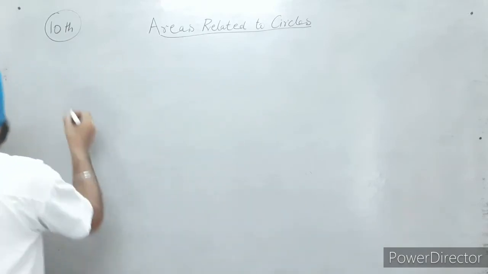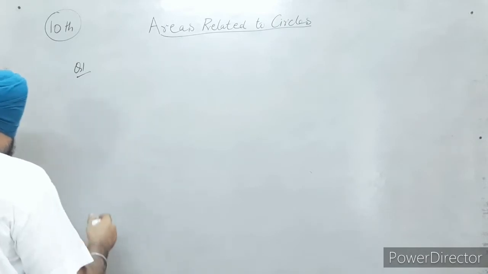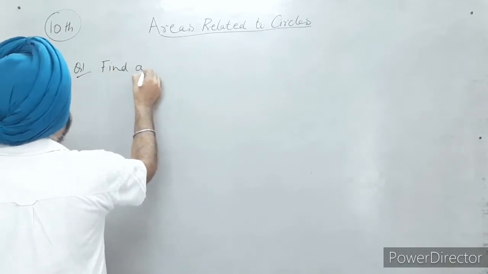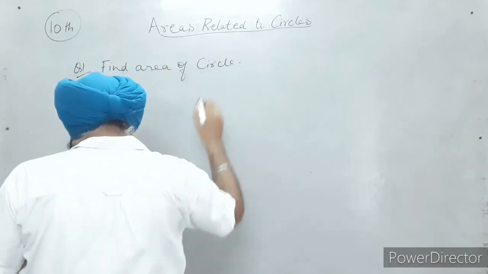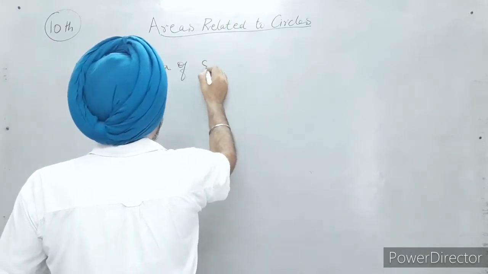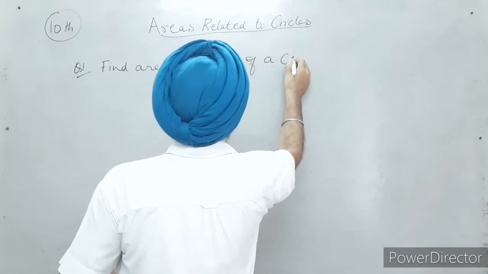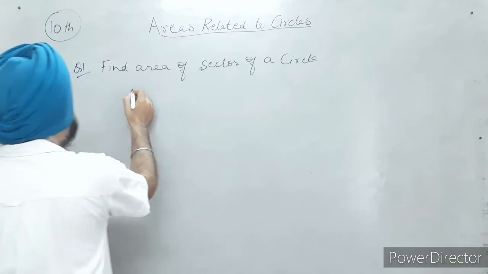Find the area of the sector of a circle with radius 6 centimeter.